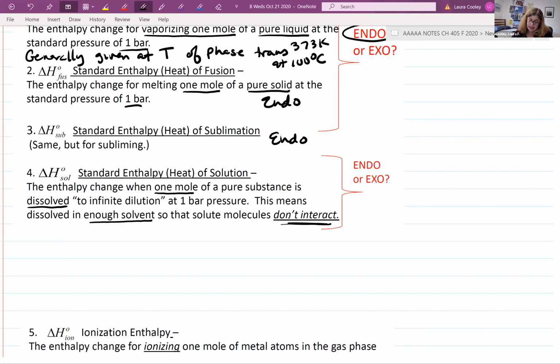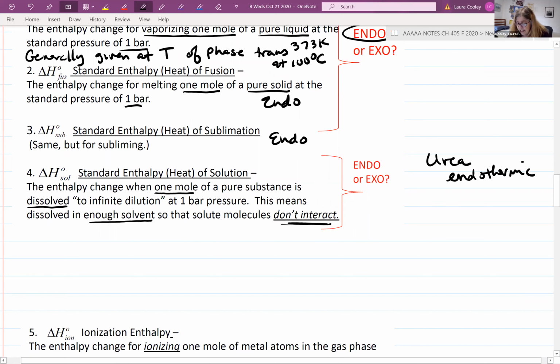So anyway, that's the technical definition. Is this endo or exo? You know, we found that for urea, this is endothermic. For many solids, this is endothermic, but it's not endothermic for all of them. And of course, liquids, they could have positive or negative heats of solution. So it could be either.